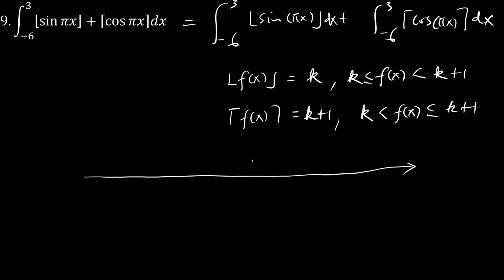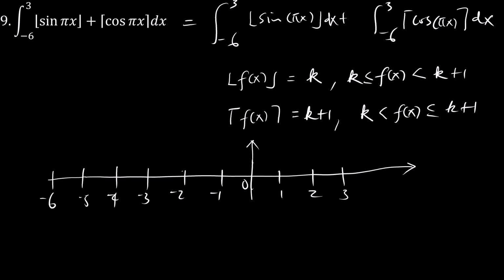So I have, let's say 0, and we have 1, 2, 3. We have -1, -2, -3, -4, -5, -6.